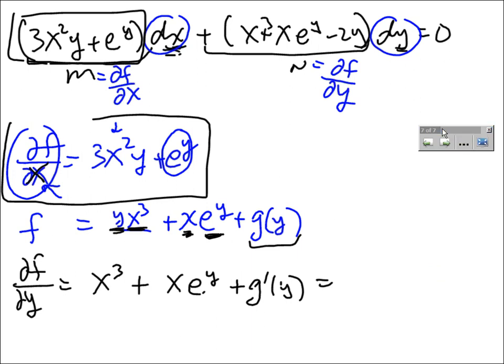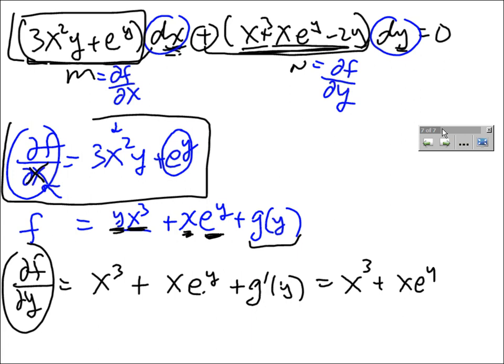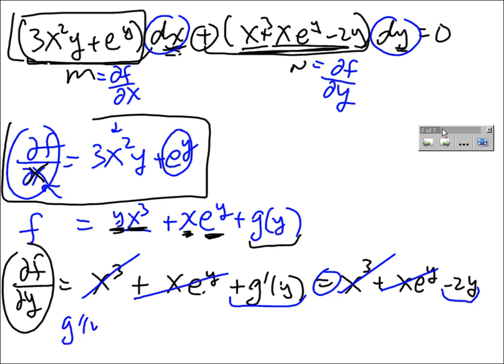And we know what partial f partial y equals. It equals x cubed plus x e to the y minus 2y. Well, the x cubed goes, the plus x e to the y goes, and what we have left is that equals this. g prime of y is negative 2y.